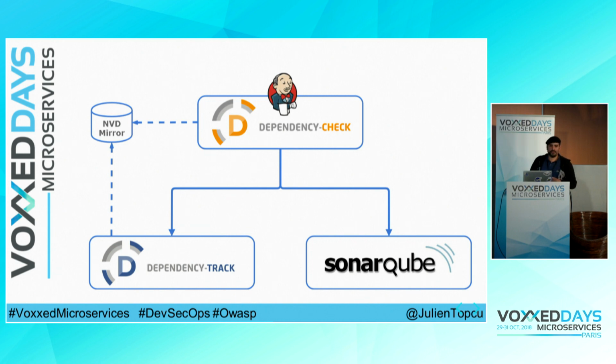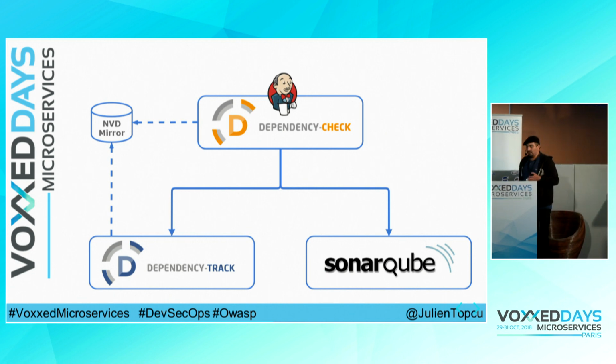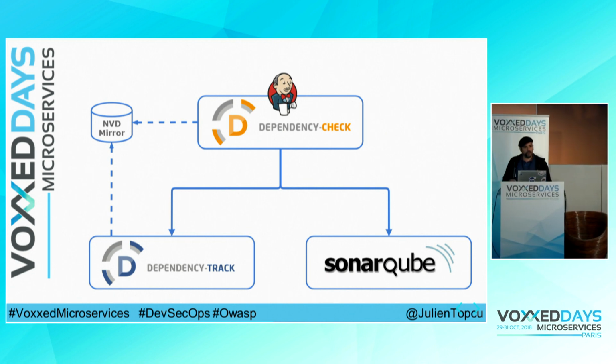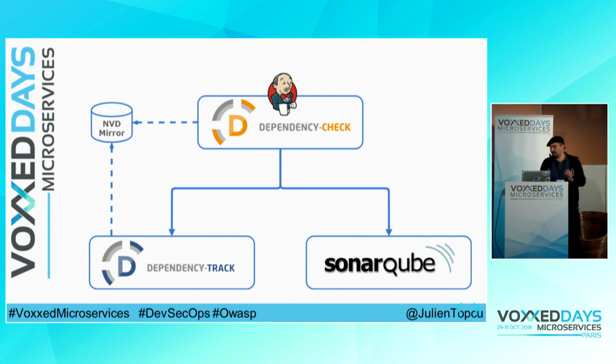So how does it work? It looks for all the dependencies of your application, and it will query the NVD database to know if vulnerabilities have been reported on them. If so, it will compile a report that you can upload on SonarQube. I think that everyone here knows Sonar. But you can also upload it on another tool, which is named Dependency Track.